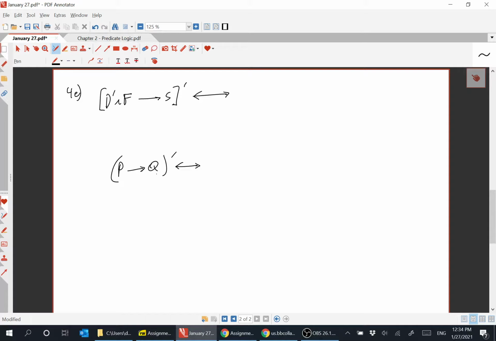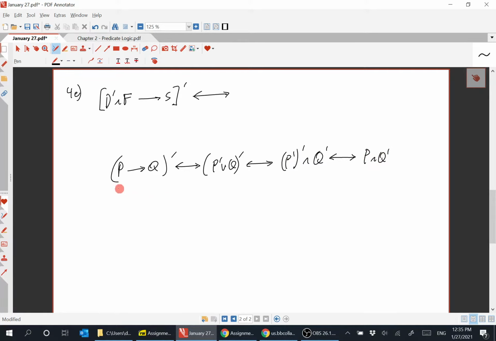You'd have to use implication and then De Morgan. Sure, yeah. So the steps are, first do the implication tautology, which is P naught or Q. And then De Morgan plus double negation, you get P and Q naught. Right, it's P naught, or Q naught, Q naught. And then that's just P.